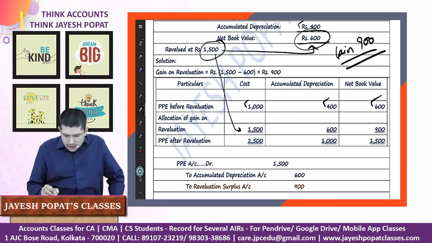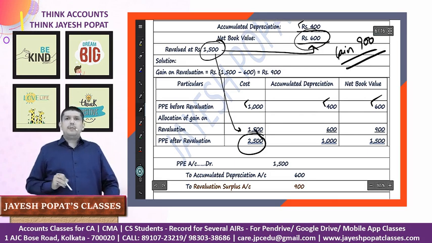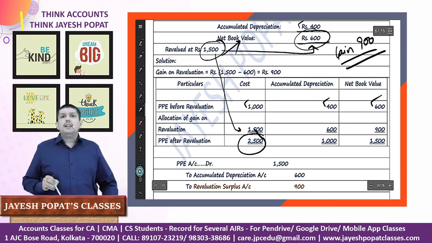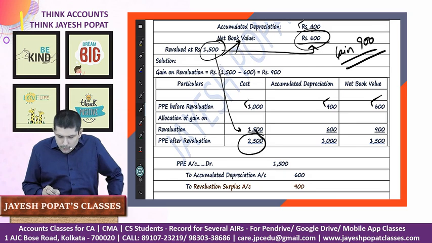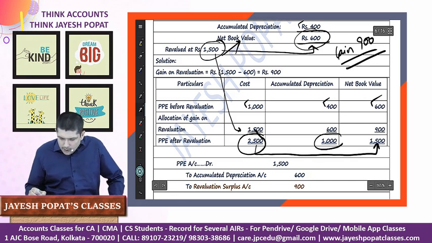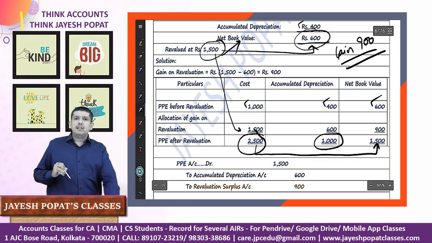So now 1000 was the cost, 1500 is the revalued amount, right? PPE after revaluation will become 2500, but your net book value has to be 1500, right? So if I want to make this 2500, 1500, I need to deduct 1000 amount of accumulated depreciation.